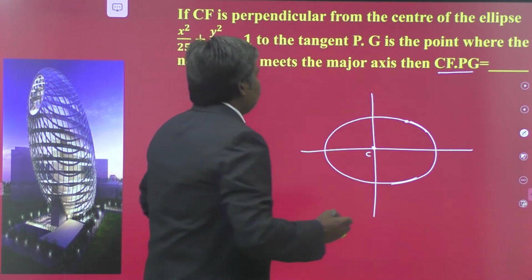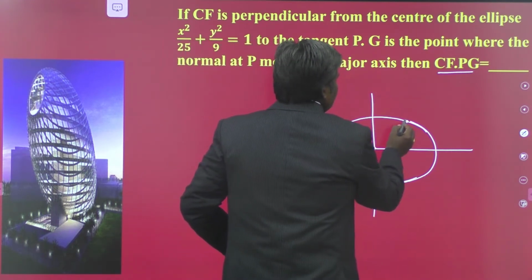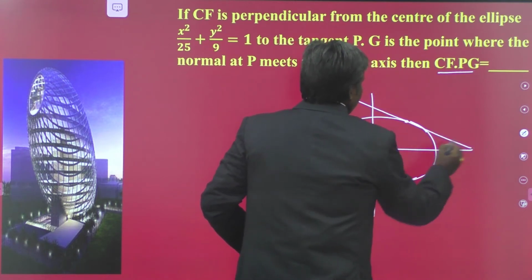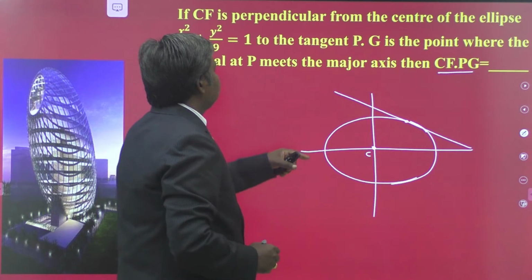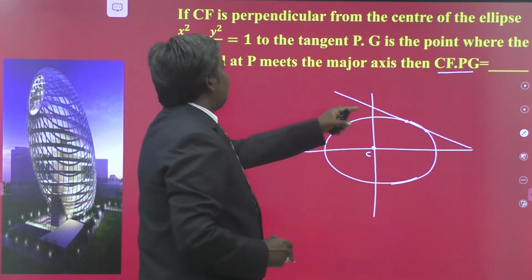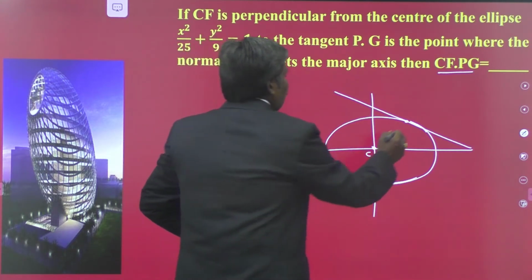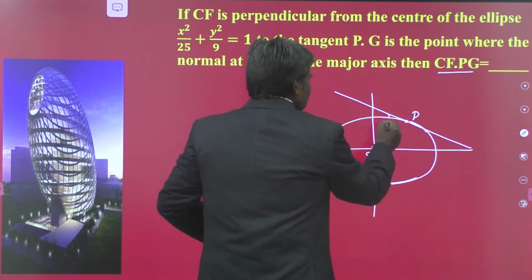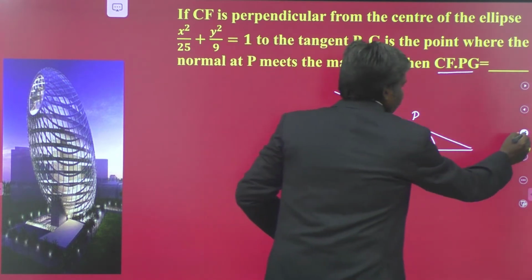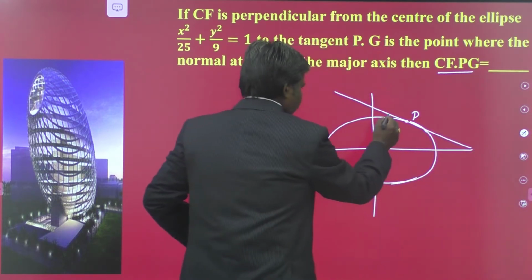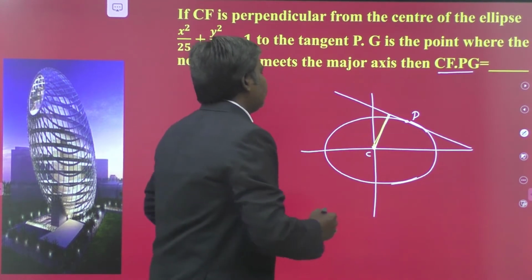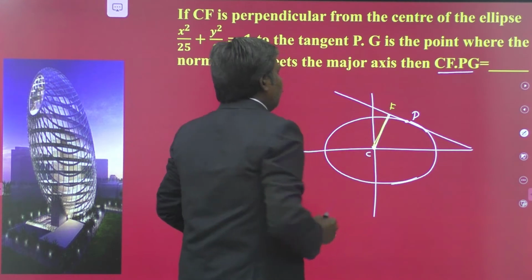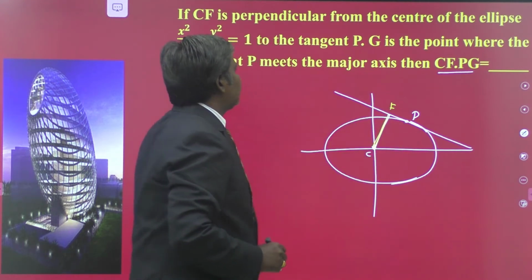The tangent. First of all, you write the tangent at this point. CF is the perpendicular drawn from C to the tangent at P. This is my point P. This is CF. This is my CF, the perpendicular from the center to the tangent at P.